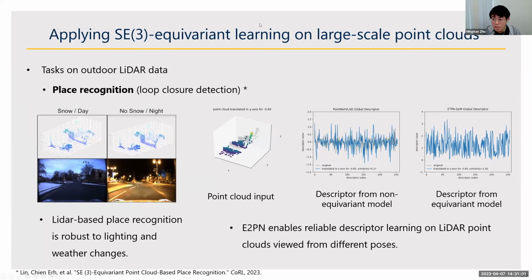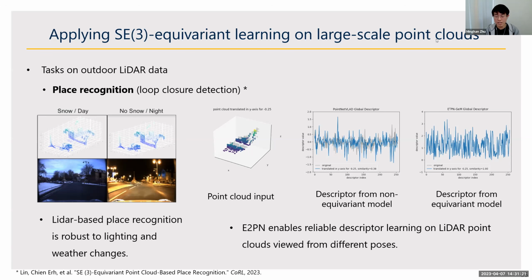I saw a question in chat asking if having SE3 equivariant learning makes the LiDAR-based scan robust. Yeah, I think so. The LiDAR scan is just a still scan. We do not deal with the data; the data is given.